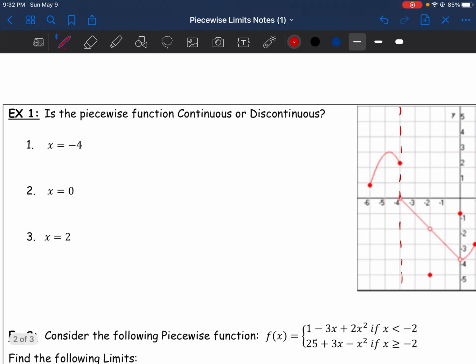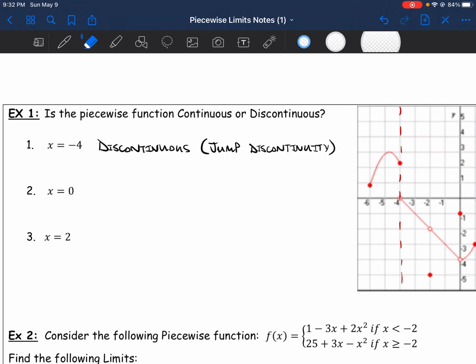So at x equals negative 4, this is discontinuous, and specifically, the type of discontinuity is called a jump discontinuity.